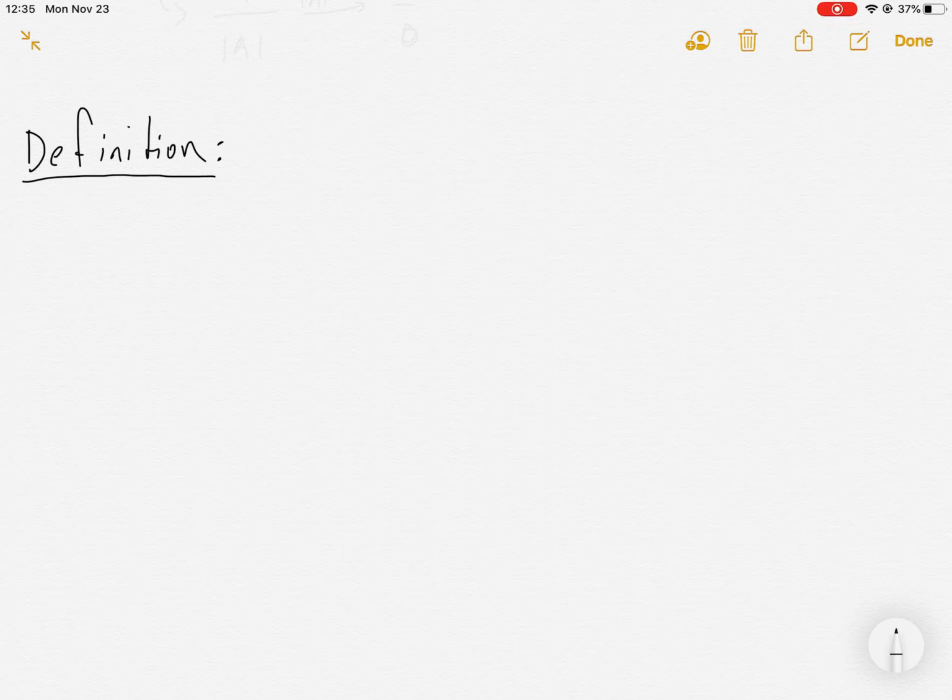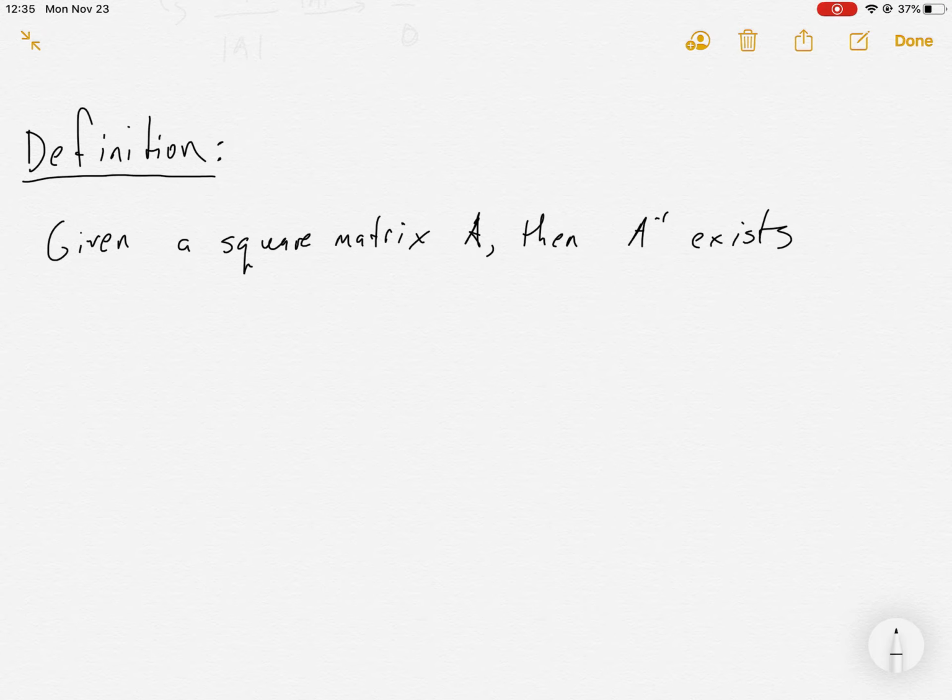And now we know that if you are given a square matrix A, then A inverse exists if and only if the determinant of A does not equal 0.